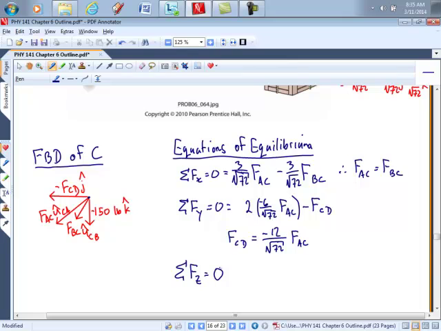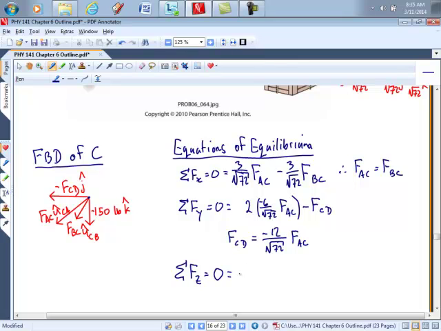Net force in the z direction equals 0. Which members are going to have forces in the z direction? Right, so we've got the 150 pounds, our suspended weight that's in the negative z direction, and these two both had z components, and FCD doesn't, because it's just in the y direction.